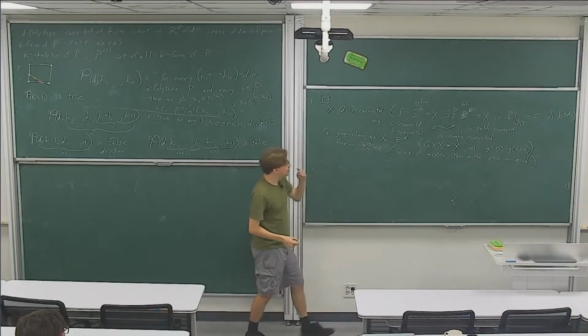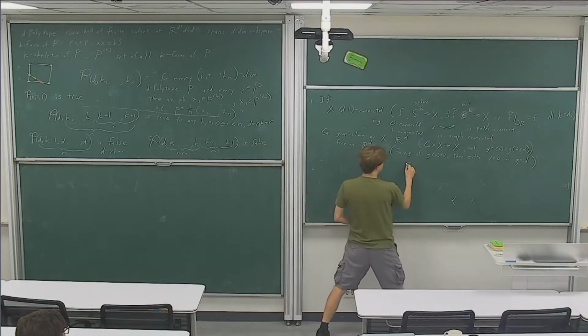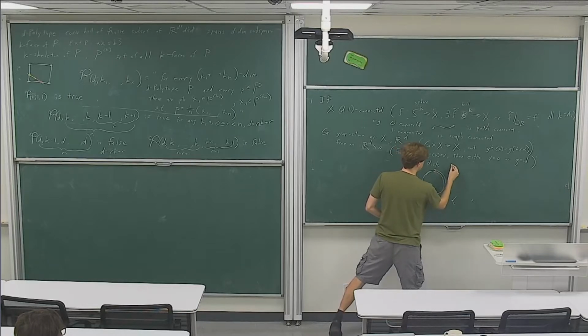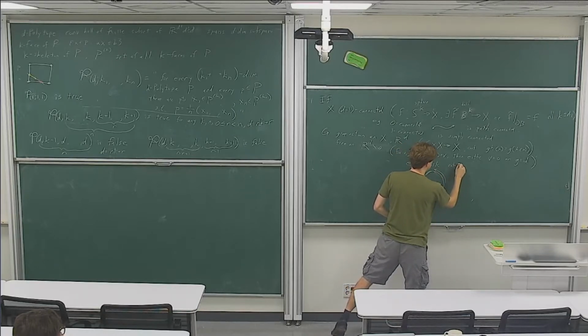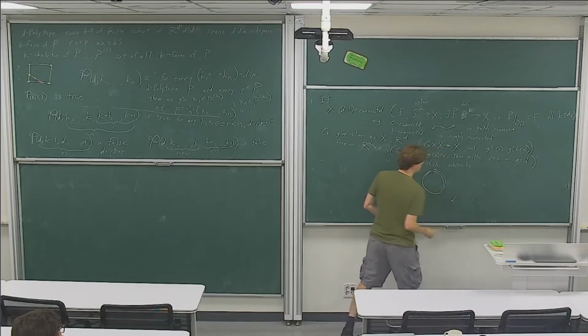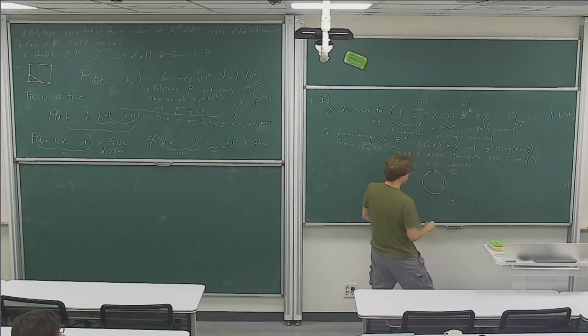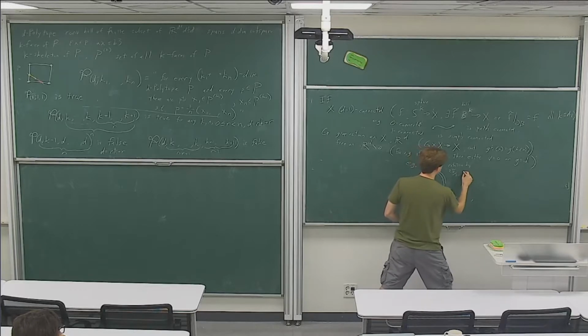So an example, I'll make some example. Suppose I have the disk. In the disk, I look at rotation by, let's say, 2 pi over 3, and let's say minus 2 pi over 3, and the identity.